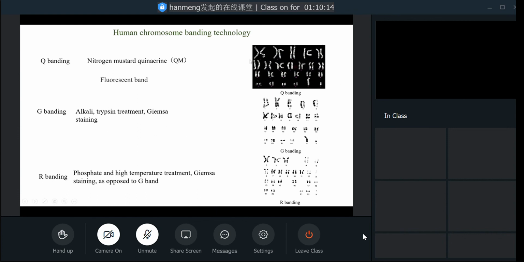The G band is the same as the Q band, but the Q band is a fluorescent band and the G band is the Giemsa band. And the G band can be observed under a light microscope, so it is easy for us to observe it and preserve it.